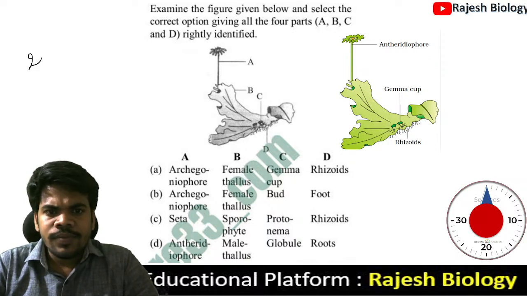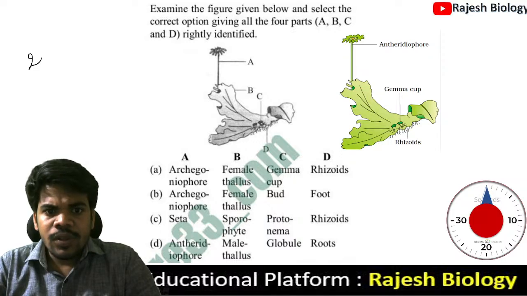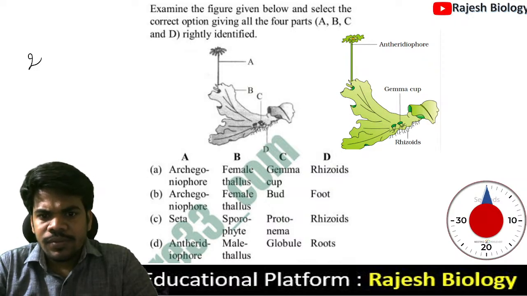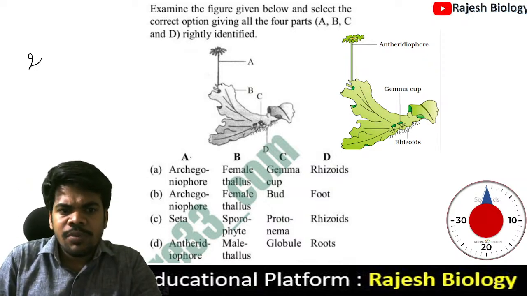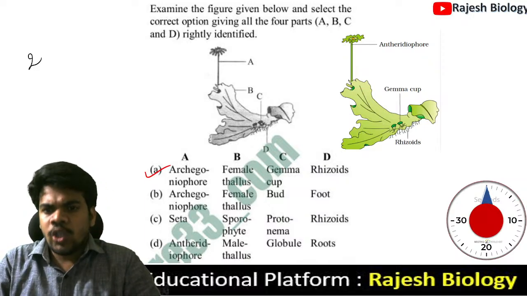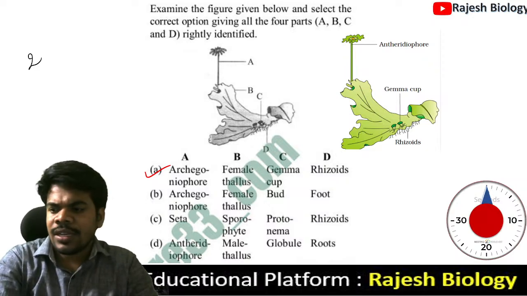And the next one, B, is the female thallus. C is the gemma cup. So the gemma cup is observed in option A. D is rhizoids. Yes, so option A is the correct answer for this.